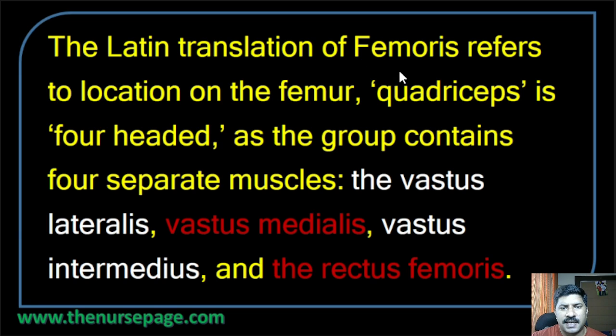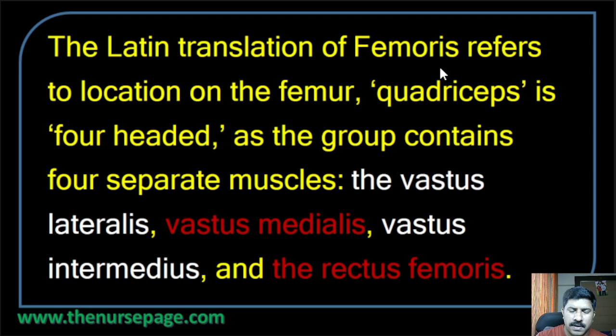Our muscle name is quadriceps femoris. The name femoris came from the Latin, which refers to the location on the femur. The quadriceps femoris is located on the femur, that is why it is known as femoris. Then quadriceps, in Latin, means four-headed, because there are four different muscle groups, that is why it is known as quadriceps.